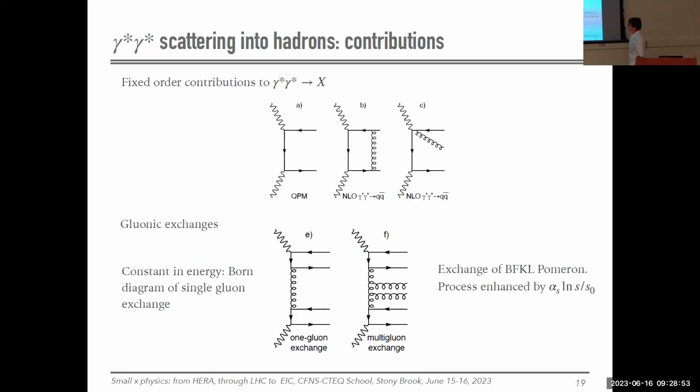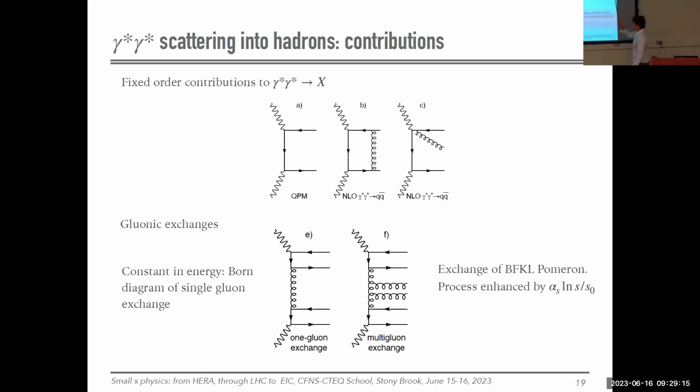Now, what are the other contributions? At fixed order, you have photon into quarks or quarks with some gluon emissions. But these do not give the energy rise.